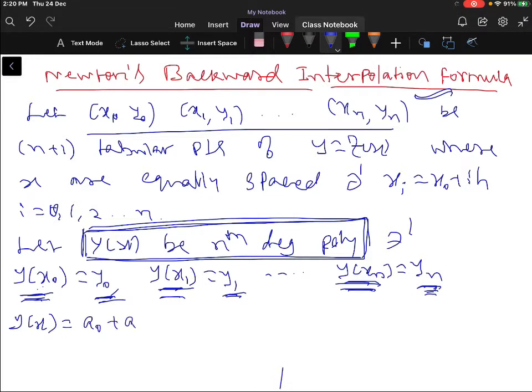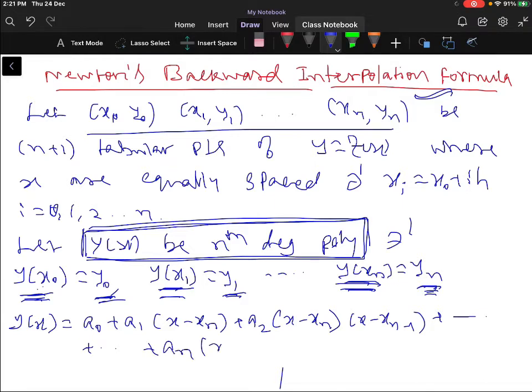Let y of x is equal to a0 plus a1 into x minus xn plus a2 into x minus xn into x minus xn minus 1 plus and so on, an into x minus xn, x minus xn minus 1, and so on, x minus x0.